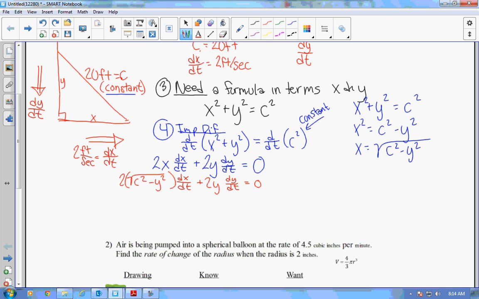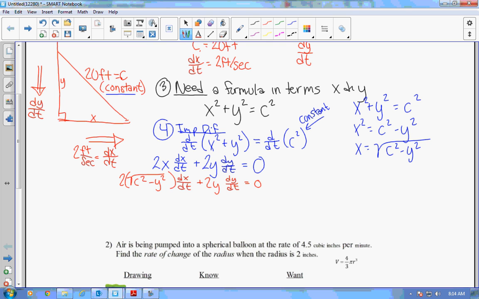Okay. Let's solve for what we want, and then we just plug in. Okay, what are we looking for? dy dt. So all of this good stuff needs to be subtracted over. And actually, because the right-hand side is 0, we can simplify.